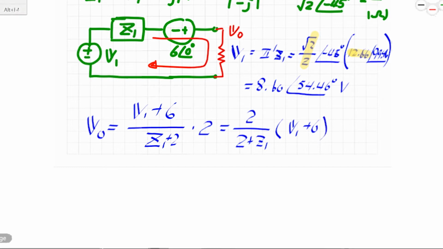Now the total current is the total voltage divided by the total impedance, which is Z1 plus 2, and that comes out the same as VDT.